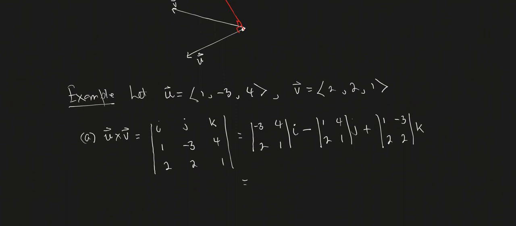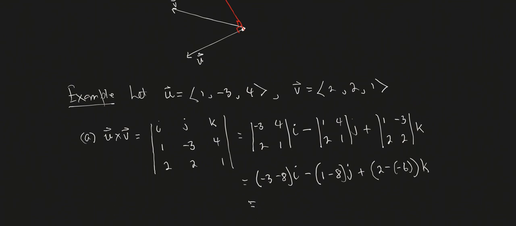All right, so now we use our 2 by 2 formula for the determinant. And this gives us -3 minus 8, times i, and then minus the quantity 1 minus 8 times j, and then plus 2 minus -6 times k.